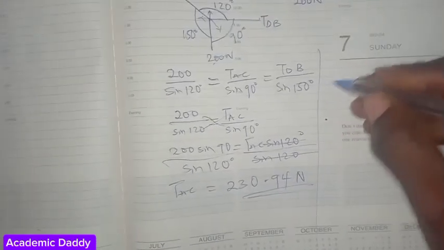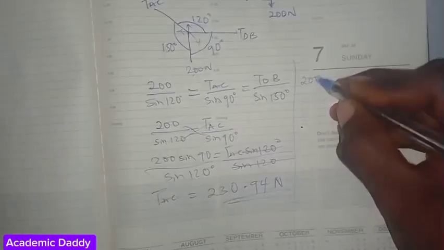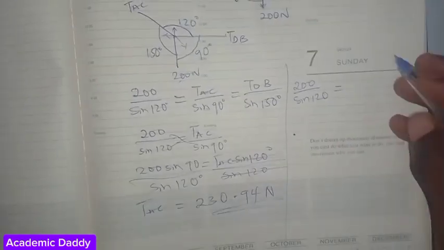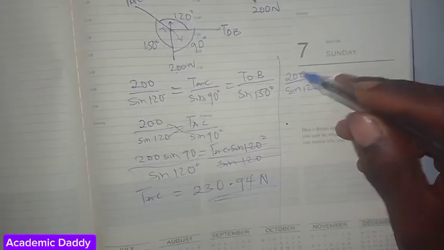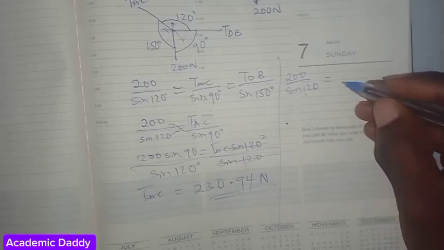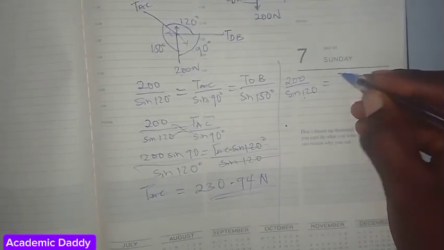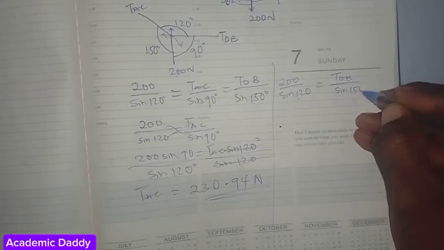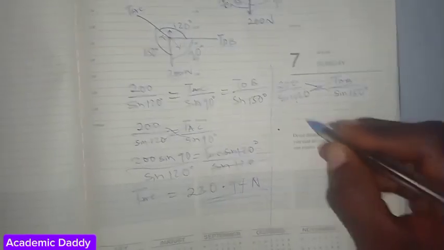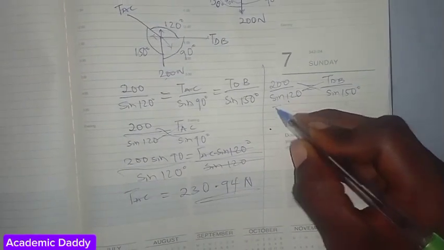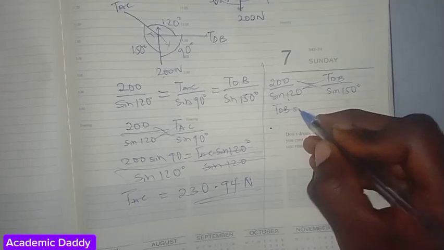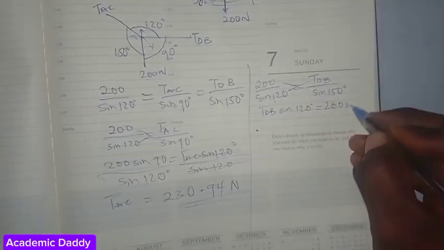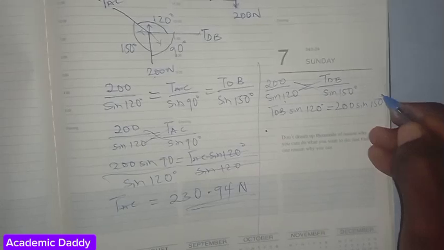So let's do the other one. This is going to be 200 over sine 120. I'm using this one because it has the side and the angle. So it equals TDB over sine 150 degrees. Cross multiply so that you get TDB sine 120 equals 200 sine 150.